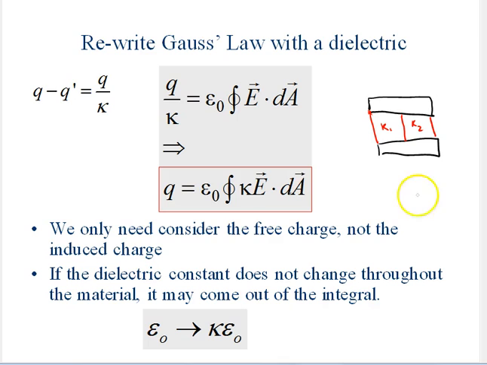Additionally, we could have a scenario where we have a dielectric that takes the entire width of the capacitor, but doesn't take up the entire depth of the capacitor. So that's why it's important to put kappa inside the integral. And our epsilon naught, we can pull out of the integral. That's always a constant, but kappa may or may not be the same throughout our integral, just like the electric field may or may not be the same throughout the integral.